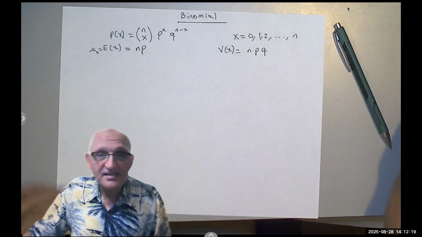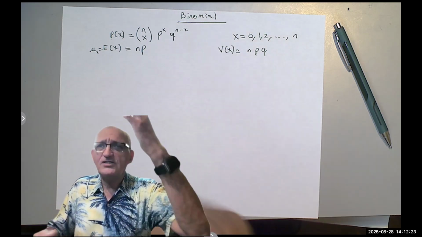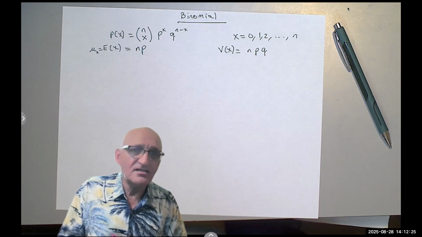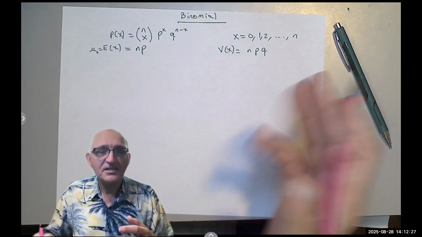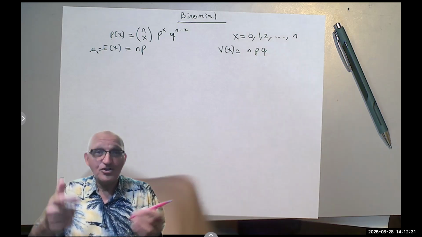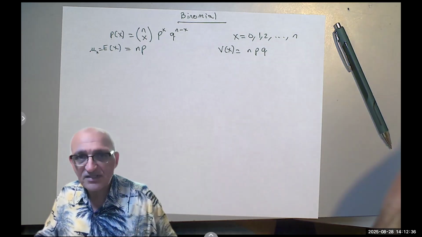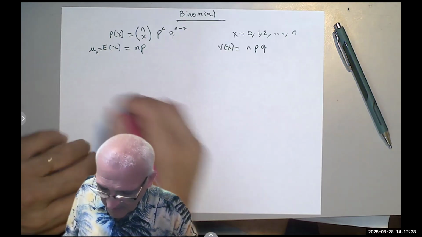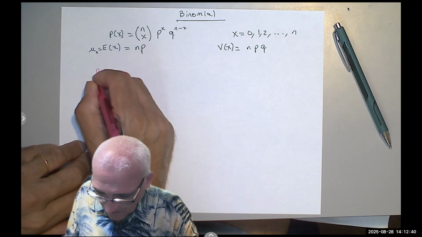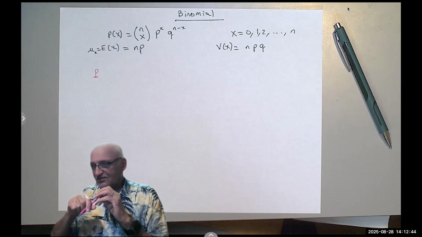I can now define the proportion of successes. I ask, what is the percent of success in this population? If I'm doing it for tossing coins, I would expect it to be 50% heads or tails, depending on which one. But I can define P. Again, I don't like the nomenclature here.